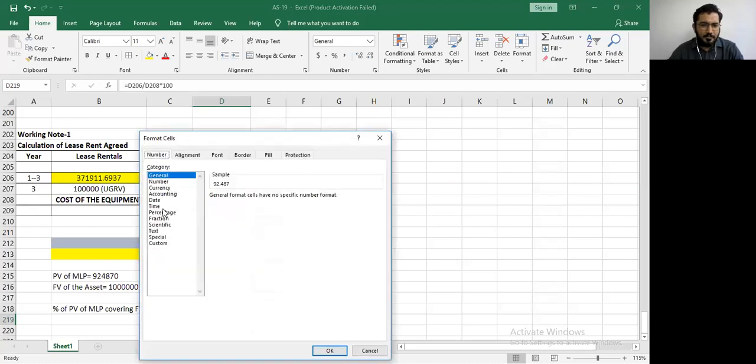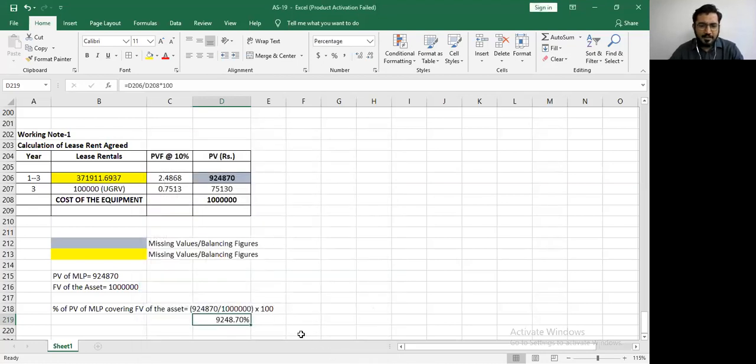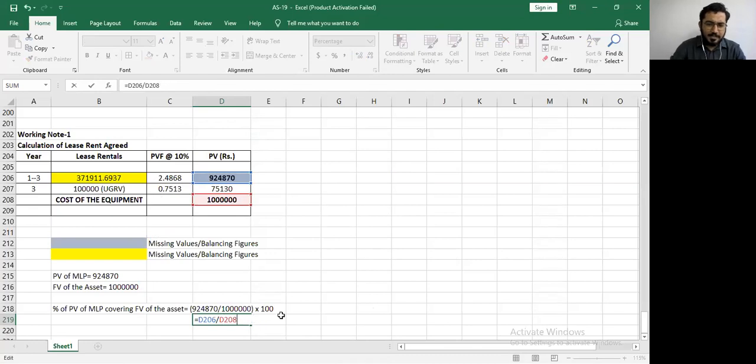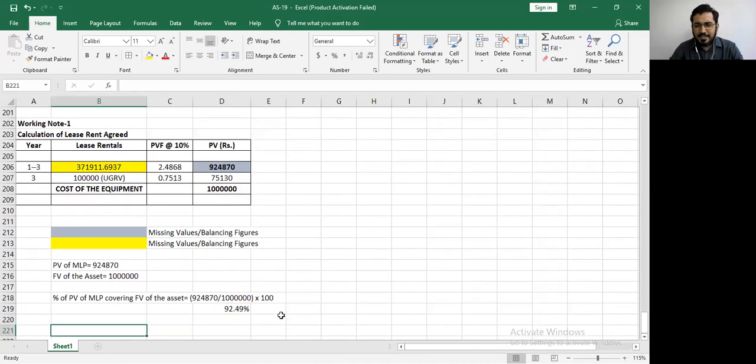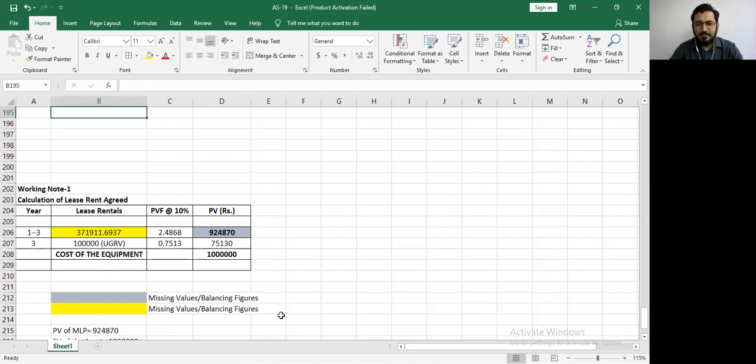So since everyone gets 92.487, does this exceed 90%? Does it cover a substantial portion of the fair value of the asset?